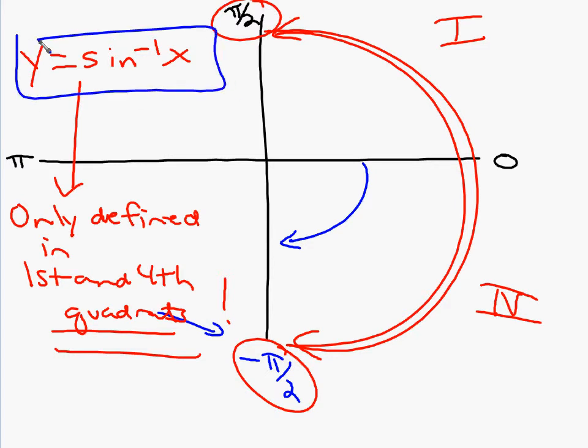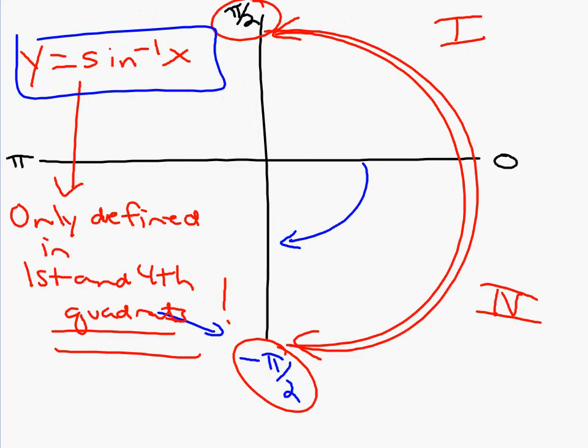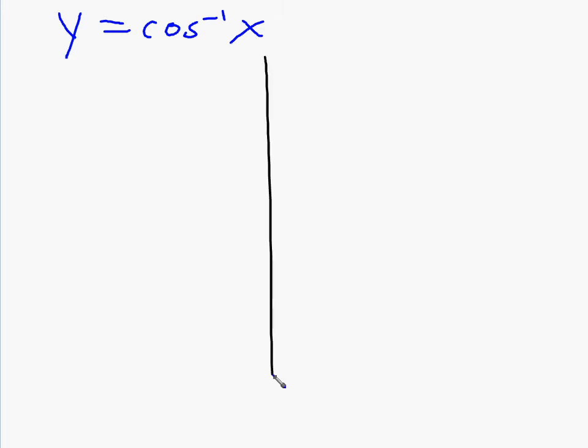Now, inverse cosine, didn't we restrict inverse cosine to 0 to pi? So let's think of that on the quadrant plane. If I look at inverse cosine, it's restricted from 0 to pi.